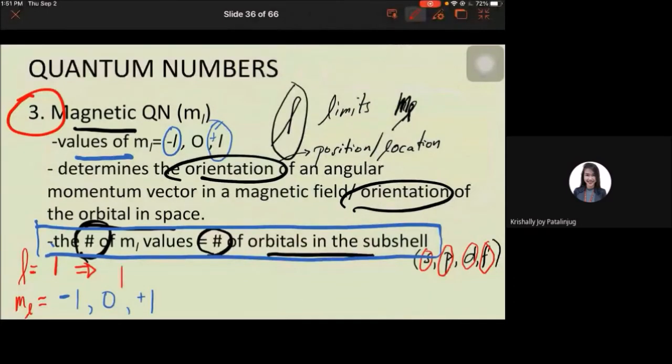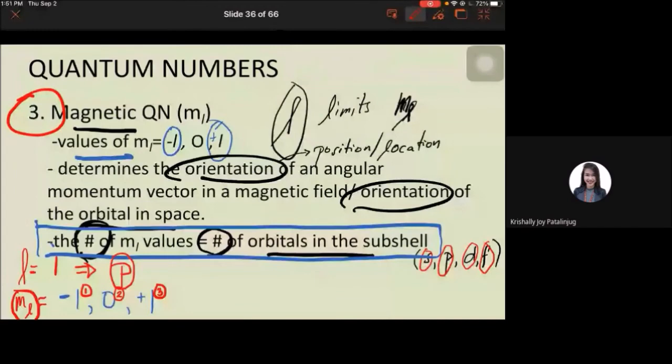Yes, it is P. Ngayon, we can find out how many orbitals are there sa P given the values of M sub L. Bilangin lang natin kung ilan yung nakuha nating values ng M sub L. We have 1, 2, 3. Tatlo yung values na nakuha natin under M sub L.